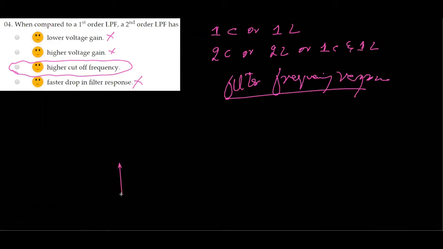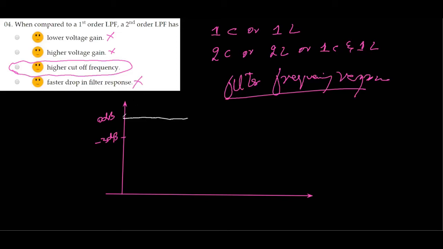Let's say this is my y-axis, this is my x-axis, and here I have 0 dB, here I have minus 3 dB. So the curve will start from 0 dB and come over here, then it will gradually drop.